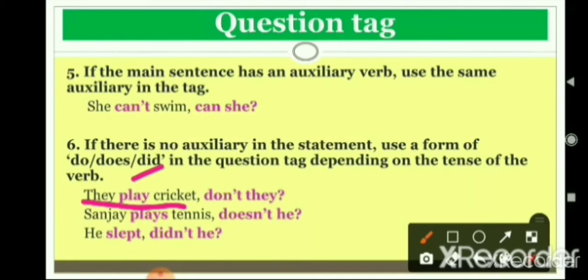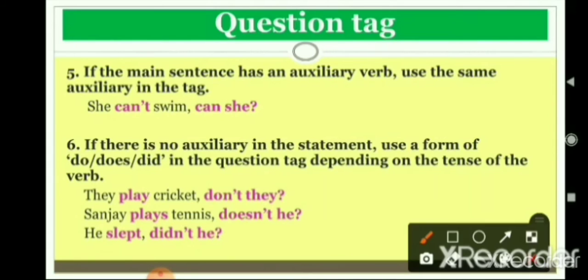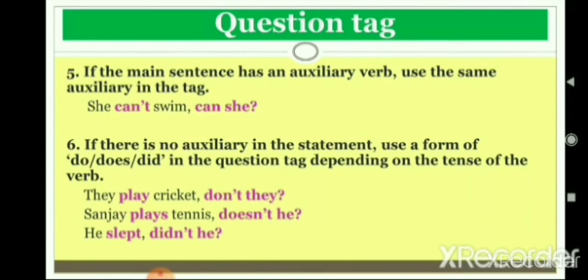Play is a main verb. And what is its subject? Subject is plural. So the sentence is affirmative, that is positive. In such case, we have to frame negative tag, and which do verb will it take? Don't.